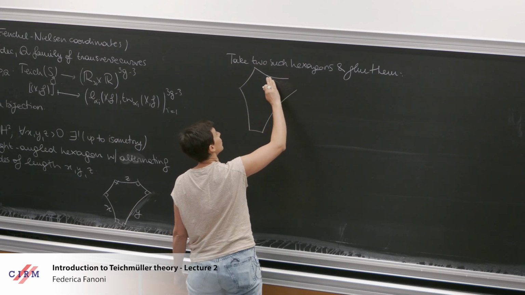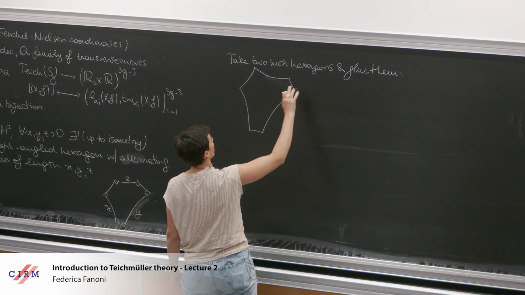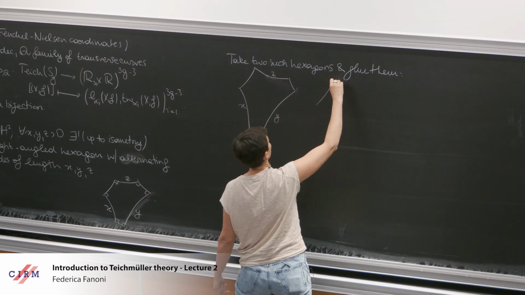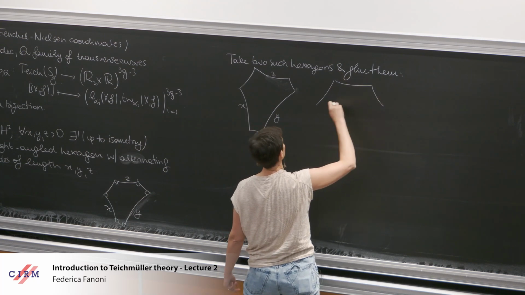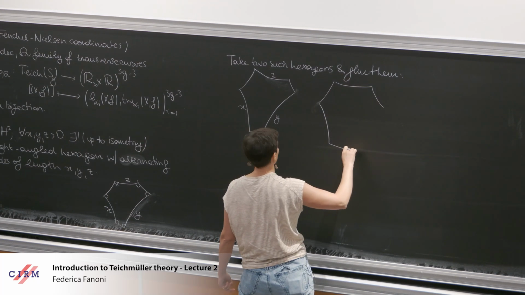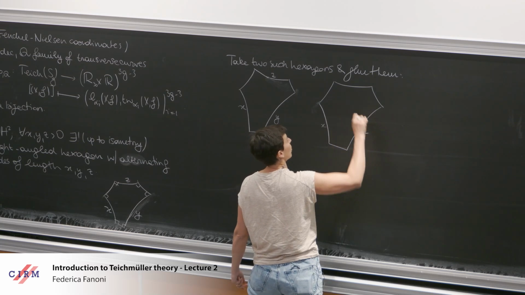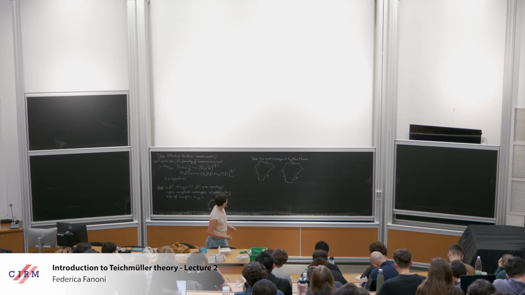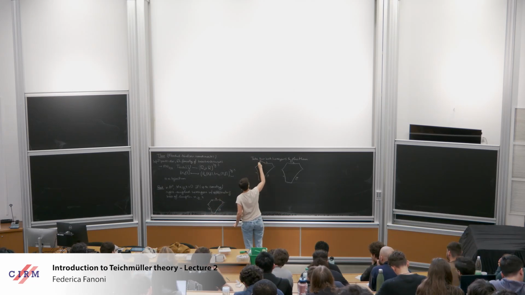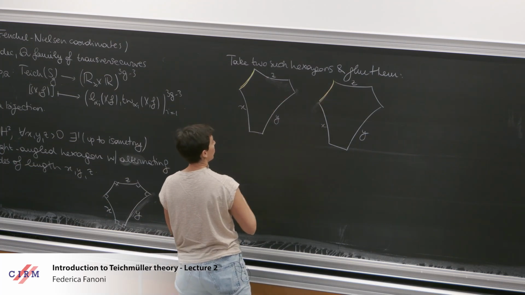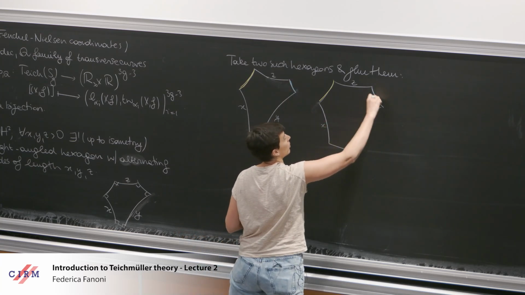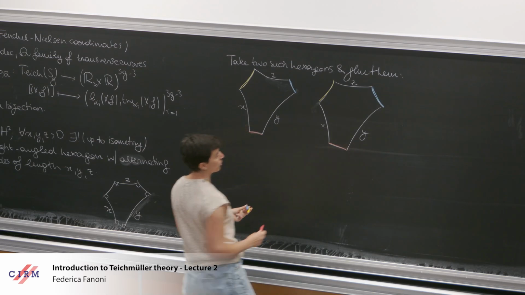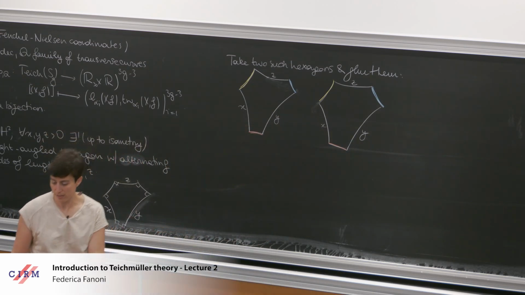So I have one of those, x, y, and z, and I take another copy of exactly the same, x, y, and z, and I can glue sides by isometries. So this one with this one, with this one, and this one. So what I get topologically is a pair of pants.